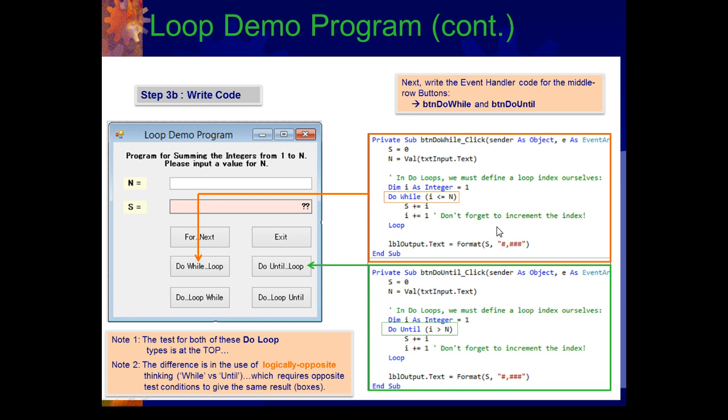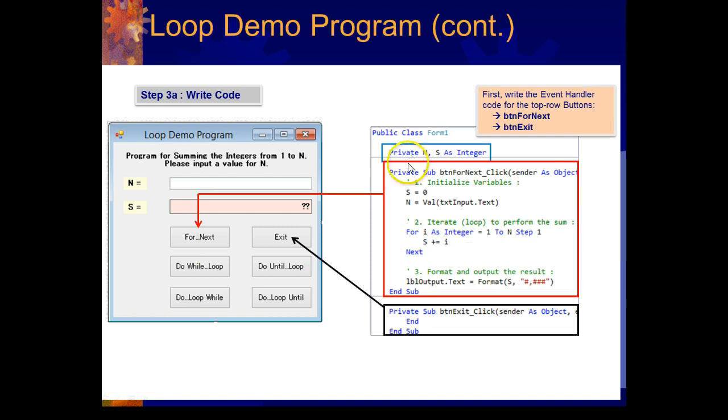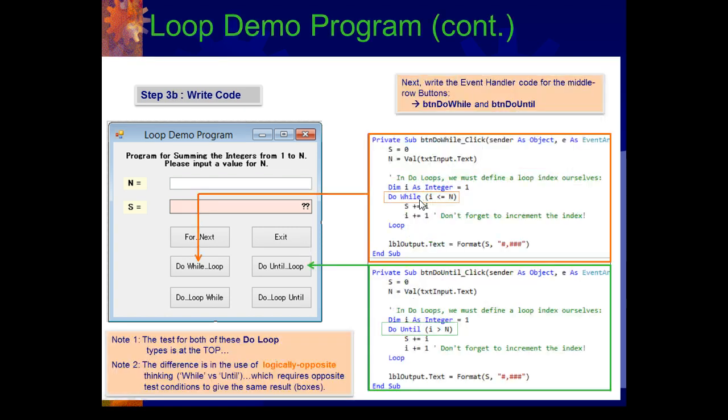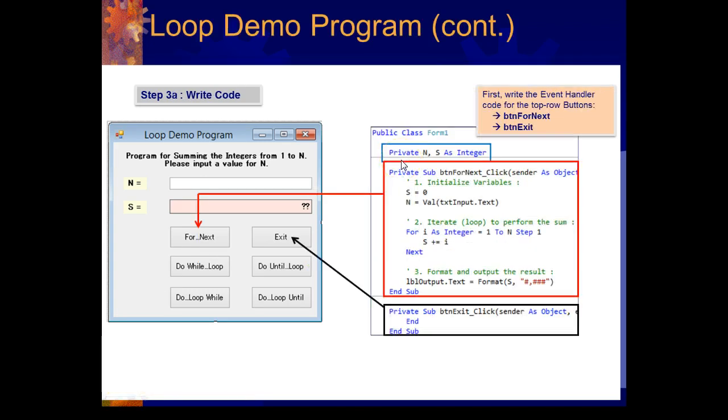We want to do the same thing that we just did, but we want to use a different structure called the do loop. There are some things that are different, but S is not different. S is assigned to be equal to 0 here, just like it was assigned to be equal to 0 here, right? And then N is still the same.